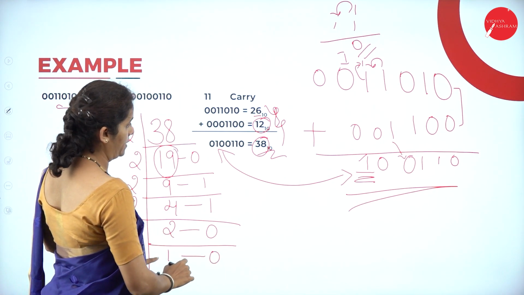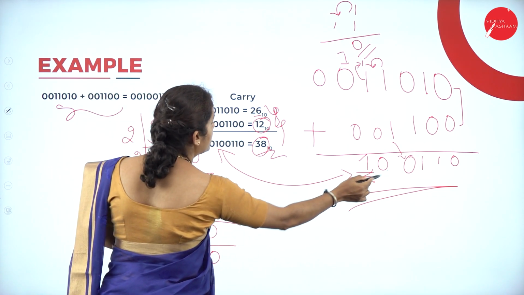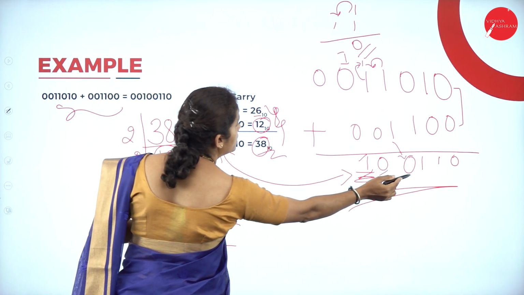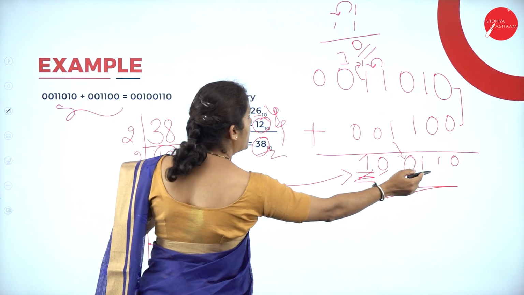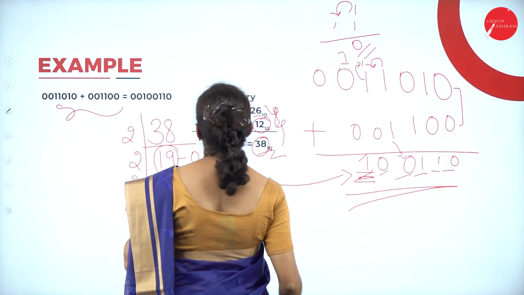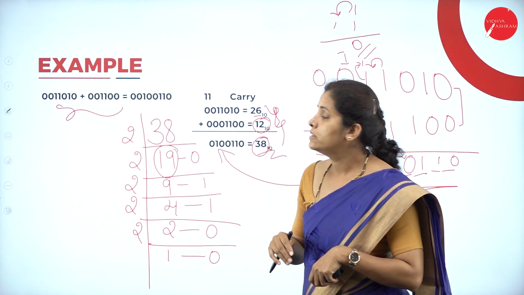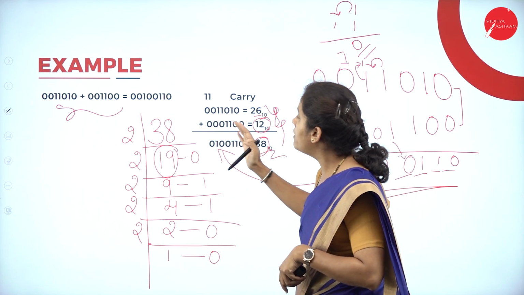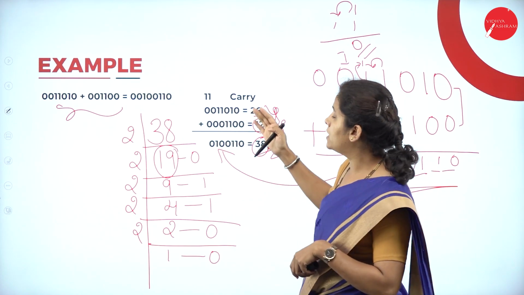So cross verify: I have 1, 1, here I have 0, 0, 0, 0, here 1, 1, and here it is 0. This way you can cross verify whether the value you got after adding two numbers is correct or not.